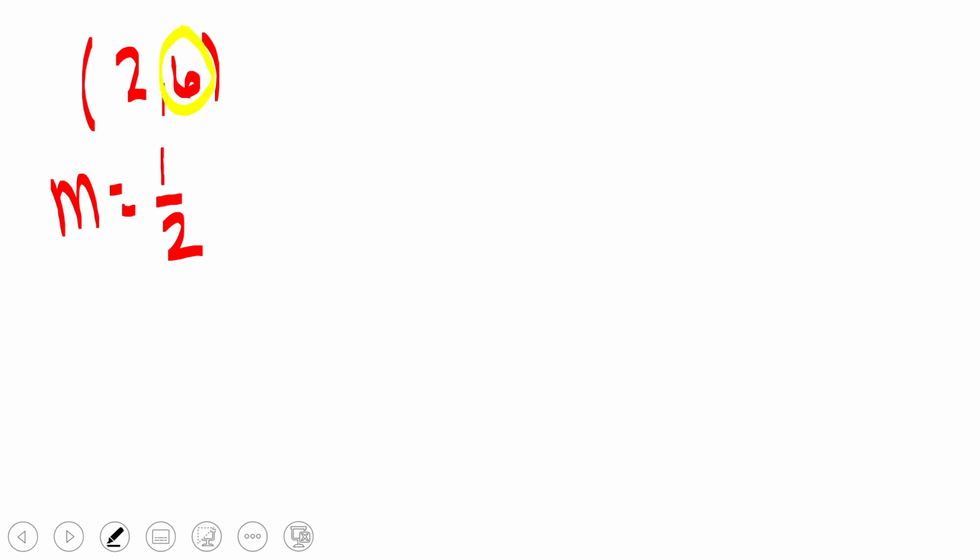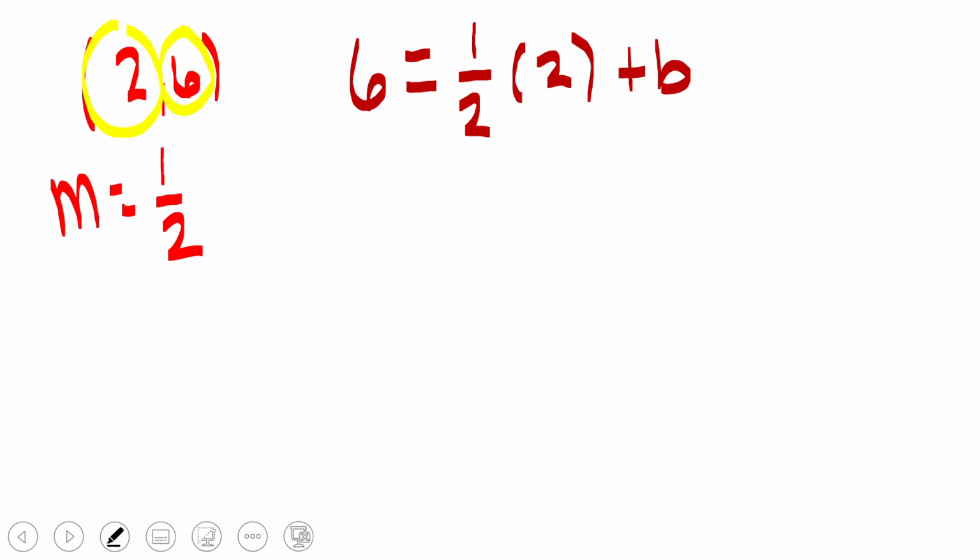So we have a point 2, 6. Slope is 1/2. And we're going to think about our y first. 6 equals 1 over 2 times our x, 2, plus b. Let's solve for the y-intercept in slope-intercept form. In the margin right away, 1/2 times 2.